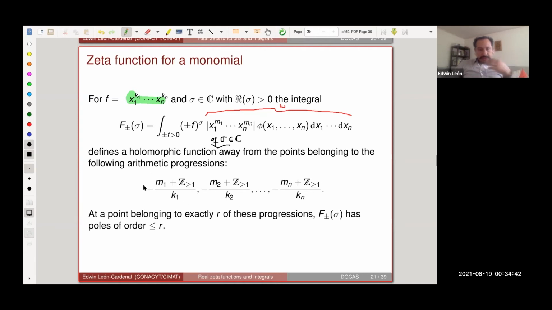What appears here is the power of m1, and then in the denominator what appears is the power of the function. And moreover, at a point belonging to exactly r of these progressions, the zeta function of this monomial will have poles of order bounded by r.